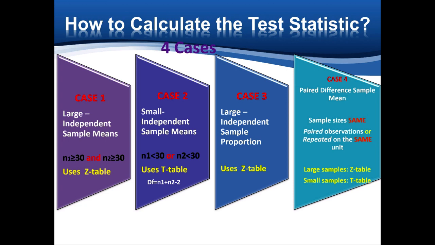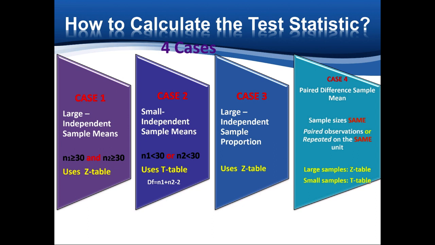We use z-table. Case 2, small independent sample means case, where N1 is less than 30 or N2 is less than 30. That means no matter how big one sample size is, if another sample size is smaller than 30, we consider it as case 2. We use t-table.